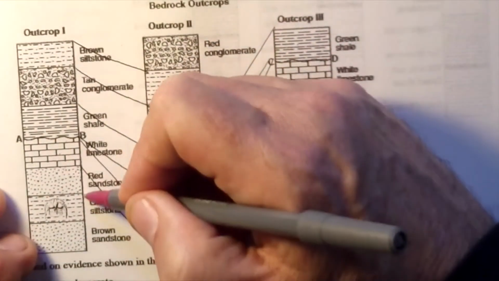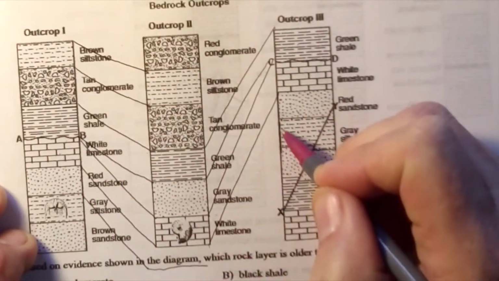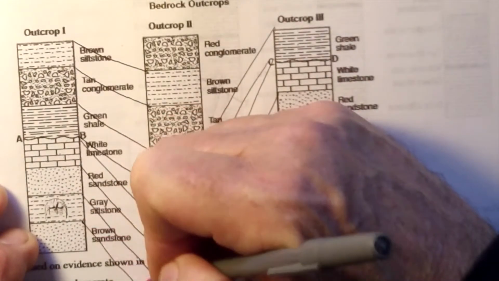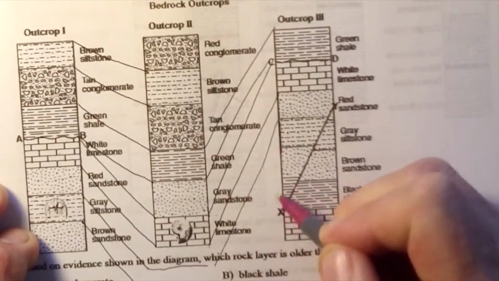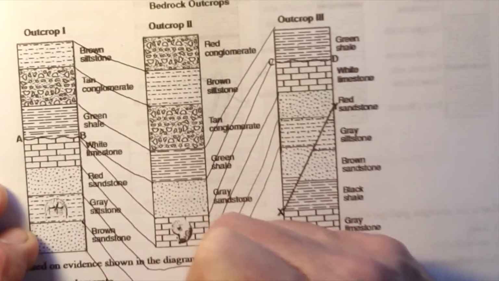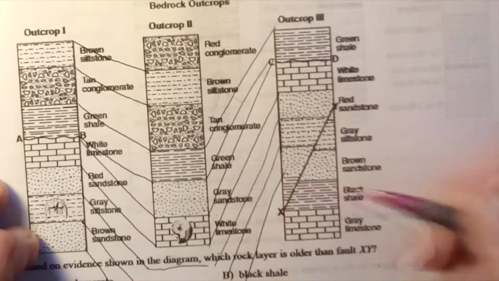In a way, this red sandstone is coming all the way around, coming up over here. This gray siltstone is coming all the way around and coming up over here. And this brown sandstone is coming all the way around and coming up over here.